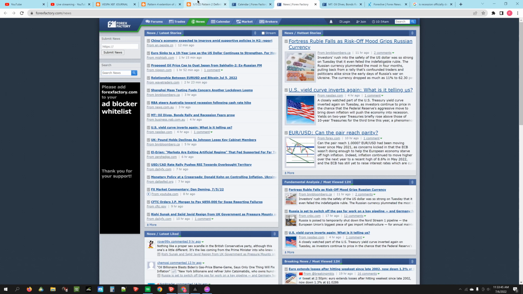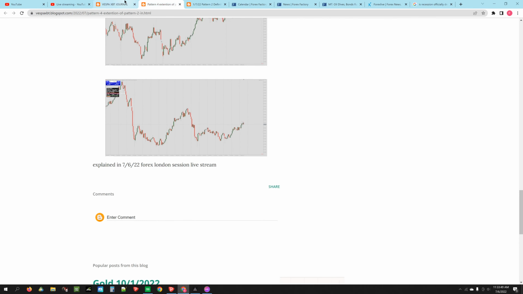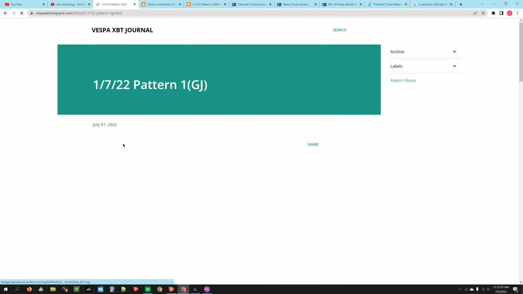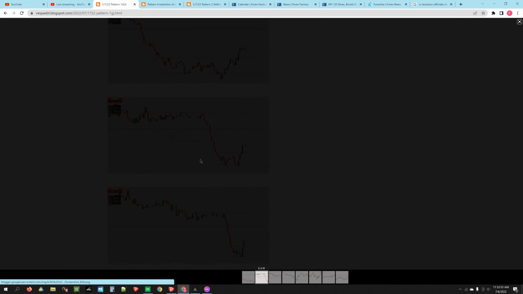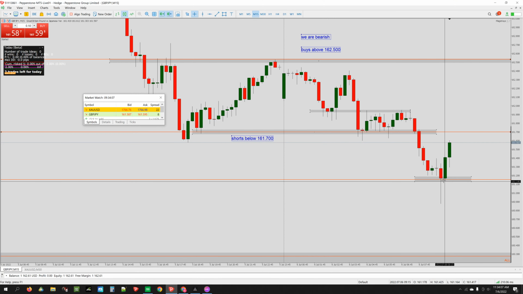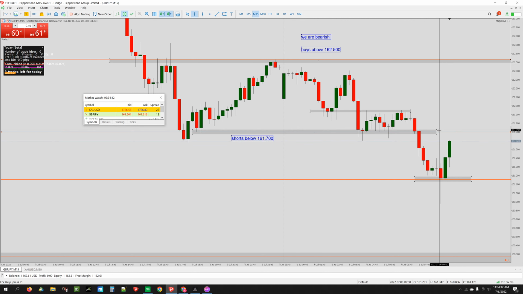In the meantime, I will show you the conditions for pattern 1. Yeah, right here. So these are the conditions for pattern 1: fake out, zone, volume, and candle wicks with below first, and starts breaking the zone. So we do have a fake out, we do have a volume, we do have a zone.